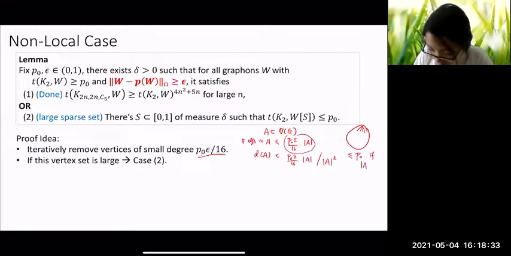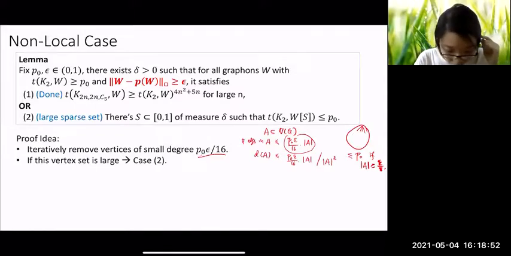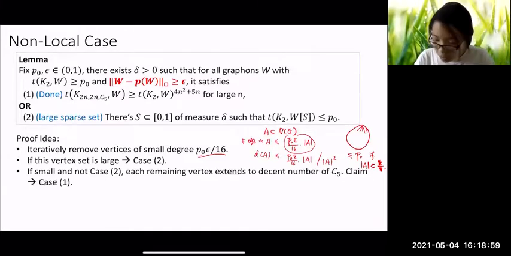If, say, A is at least epsilon over 8, then this set A is going to be sparse. So we're in case 2. We found a large sparse subset. So now we can assume the subset we removed is very small, so the set A is smaller than epsilon over 8.